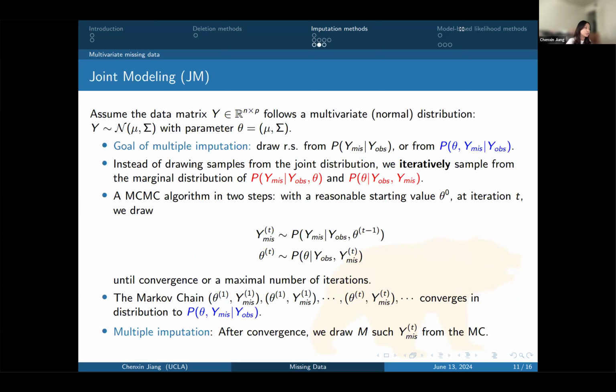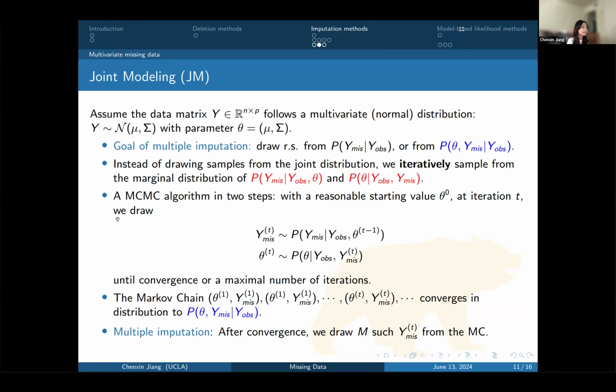The first method, joint modeling: we assume that the data matrix follows a multivariate normal distribution with parameter theta. Then the goal of multiple imputation is to draw random samples from the joint distribution of theta and Y miss conditional on Y observed. But instead of drawing samples from the joint distribution, we iteratively draw samples from the marginal distributions of Y miss and theta.